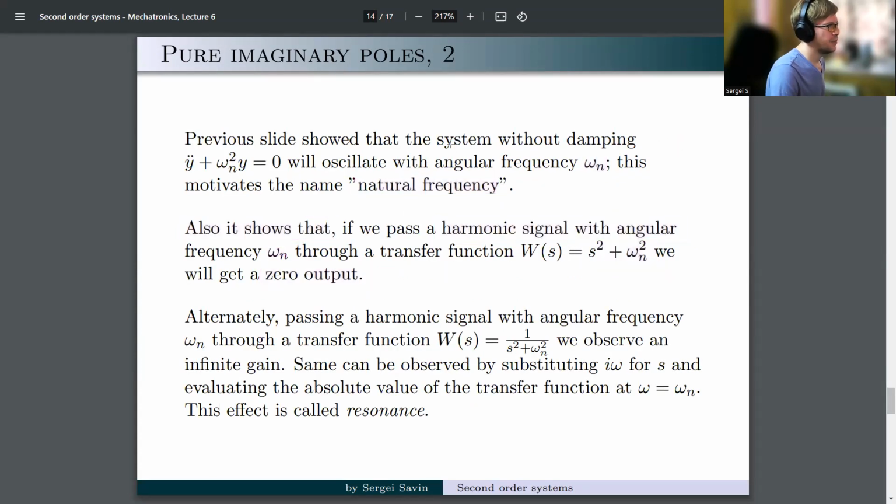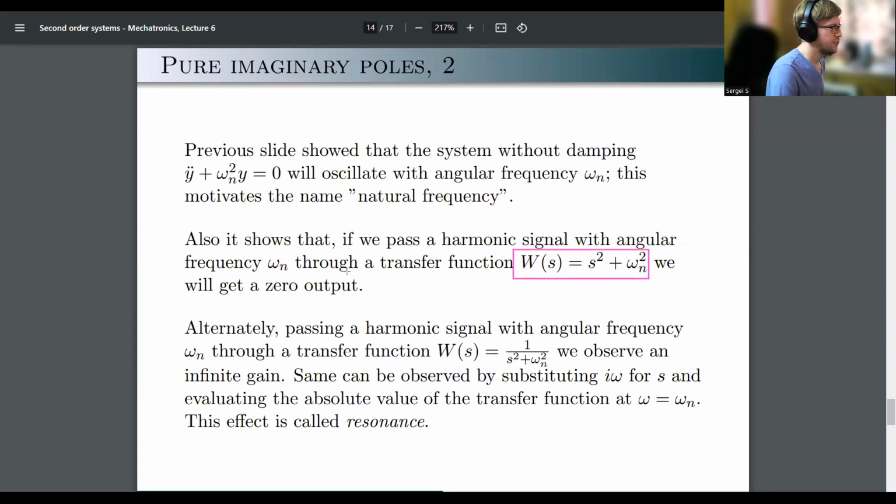This maybe requires a little bit more explanation, but remember how we do Bode analysis on transfer functions?